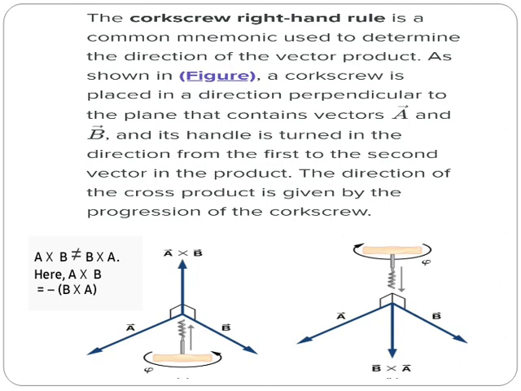This rule is called the corkscrew right hand rule. So we can write A cross B is not equal to B cross A, but A cross B will be equal to minus of B cross A.